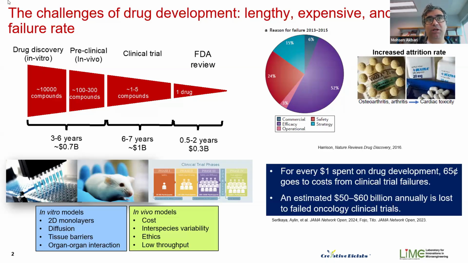There's also, even after the drug passes the FDA review and is being approved, there are also challenges related to long time toxicity, off-target specific toxicity, with good examples of two osteoarthritis drugs that were developed by major pharmaceutical companies that had to be withdrawn from the market due to cardiac toxicity issues that were observed.